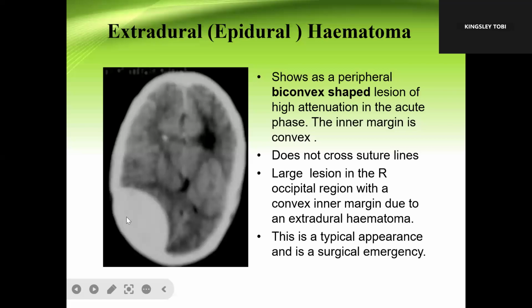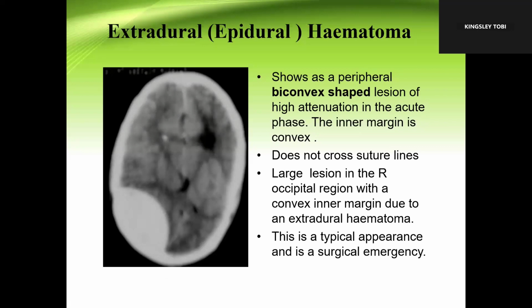So if you see this CT image, you should be able to identify that this is an epidural hematoma. This is an acute epidural hematoma, because it's hyperdense, okay?